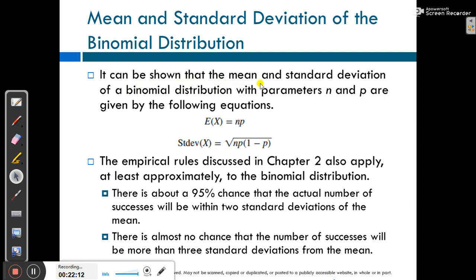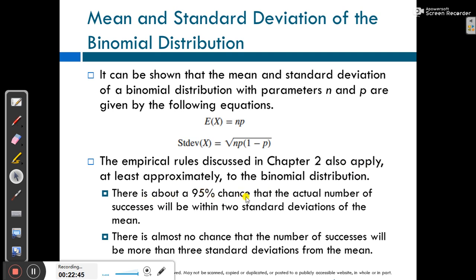It can be shown that the mean and the standard deviation of a binomial distribution with parameters n and p are given by the following equations. So here the expectation of X equals np, and the standard deviation of X equals the square root of np(1 minus p). The empirical rule discussed in Chapter 2 in previous videos also applies, at least approximately, to binomial distributions.